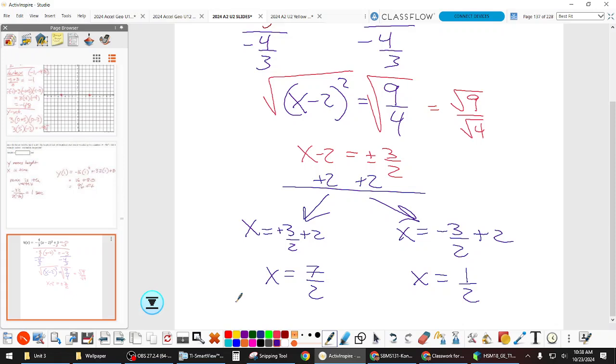If this is a struggle for you, you definitely need to address that today. Okay? Solving in vertex form should be an easy thing to do by now. Just get the parentheses by themselves. We had to subtract and then divide and then square root. Those 3 steps are pretty common.